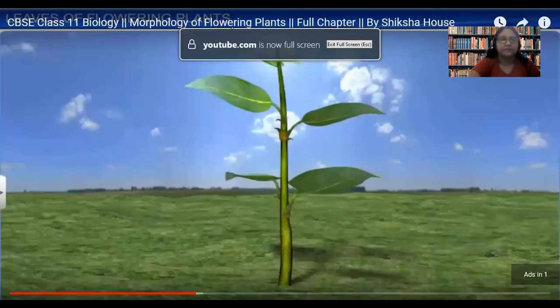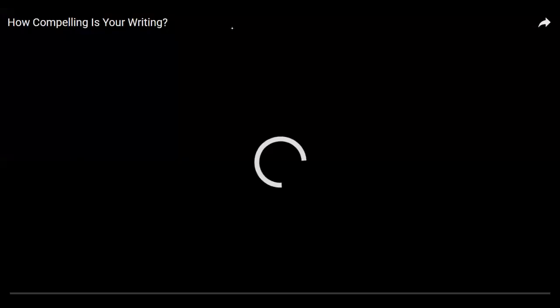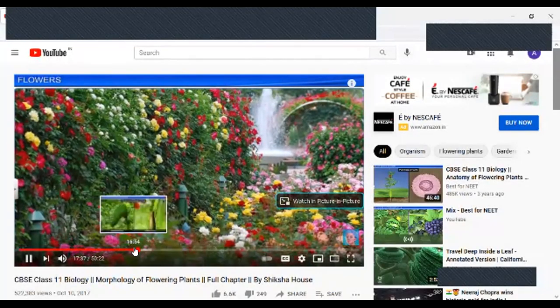Apart from carrying out the chief function of photosynthesis, contributes to the process of reproduction.